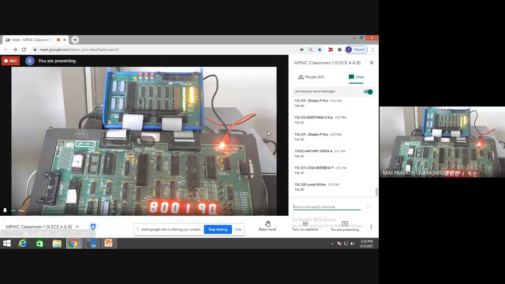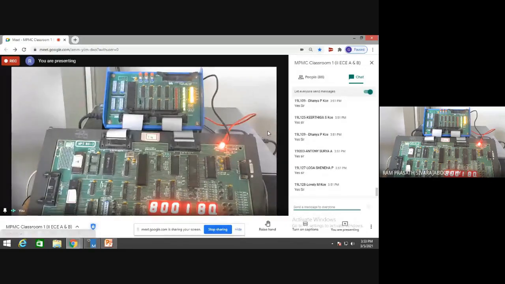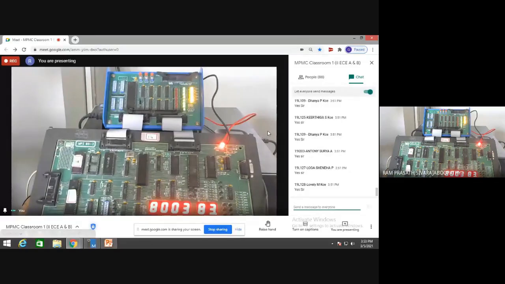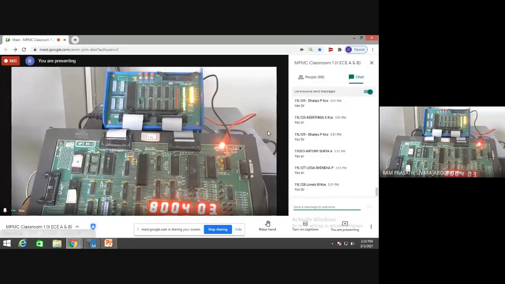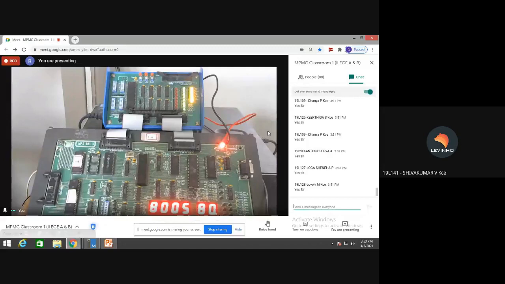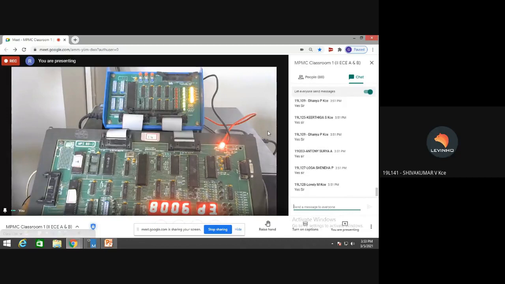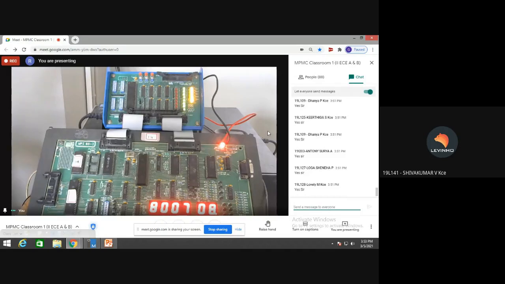3E. Next 380. D3. 83. Then 3E. Next 01. D3. 83.